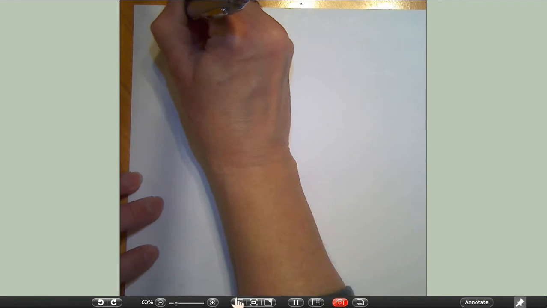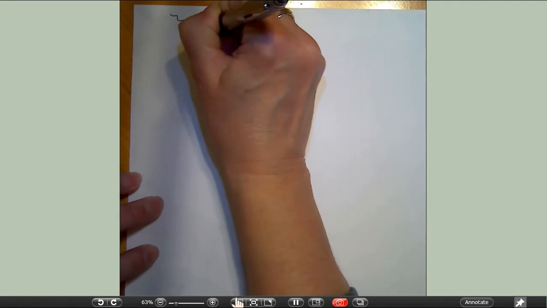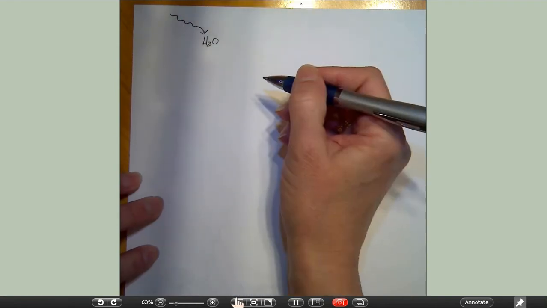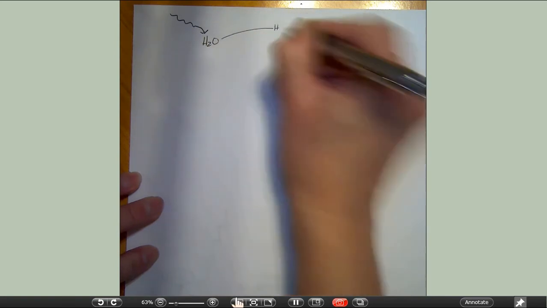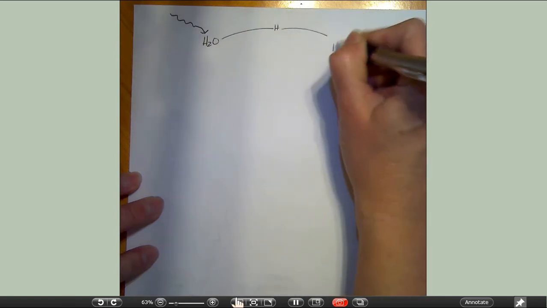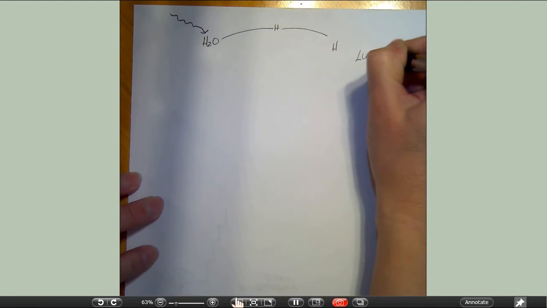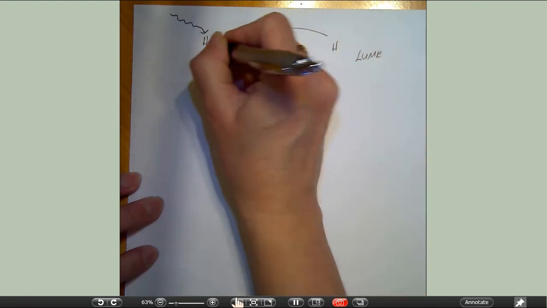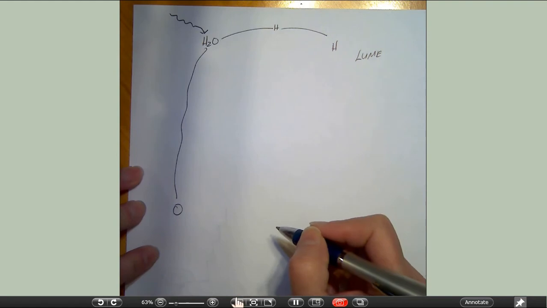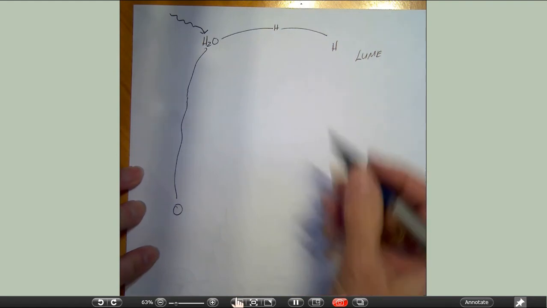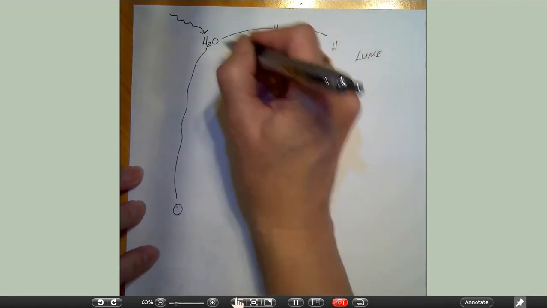So our sunlight is going to come in. It's going to hit a water molecule. The hydrogens are going to split off and go out here into the lumen. The oxygen is going to come down here to the bottom of the electron transport chain that I haven't drawn yet.